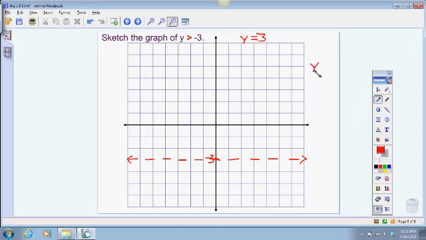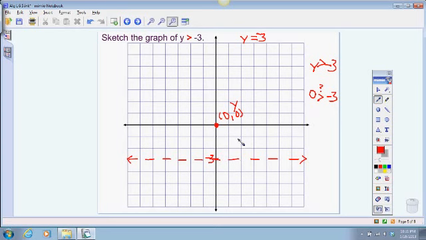So if we look at y is greater than -3, test point (0, 0). If I plug my y value of 0 in, I get, is 0 greater than -3?